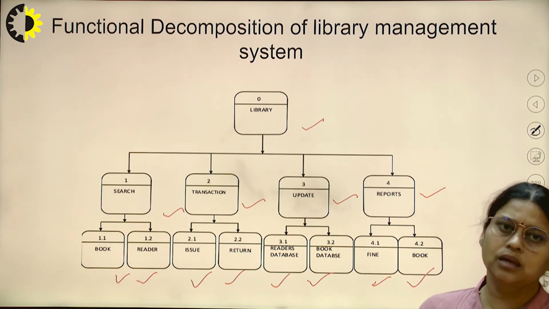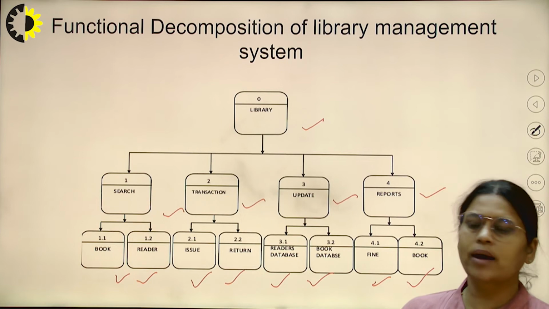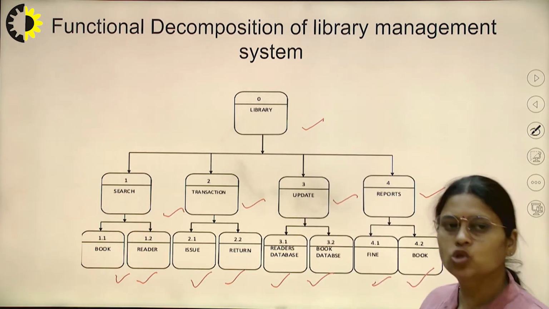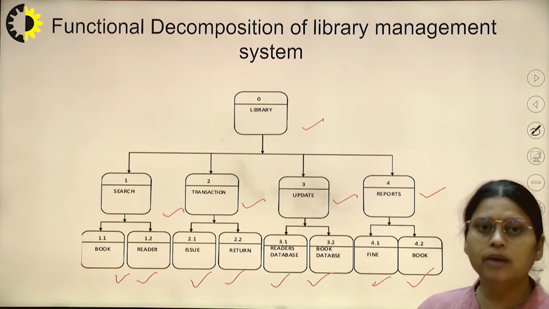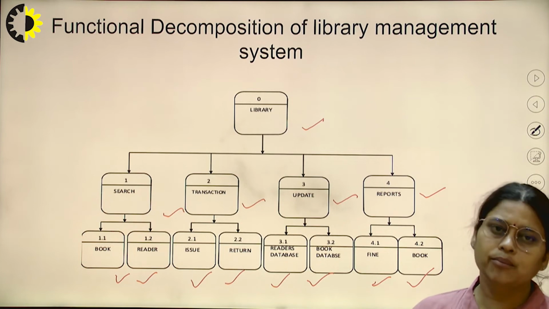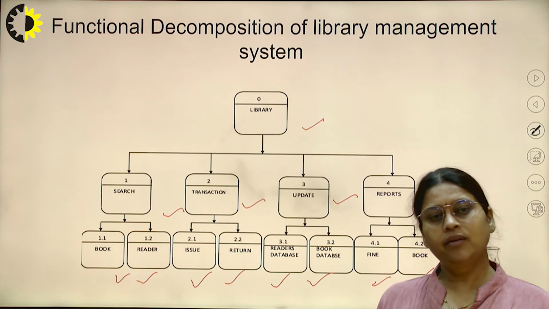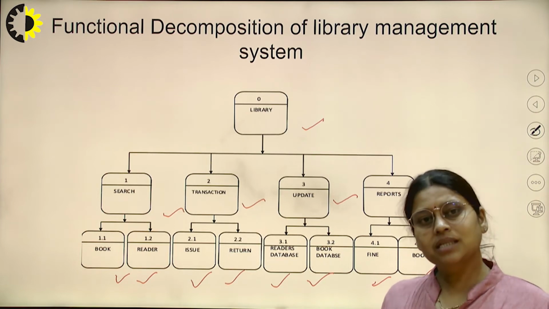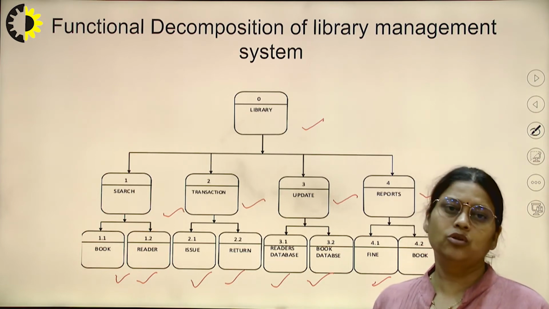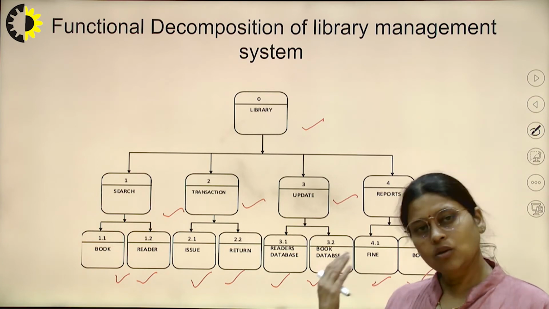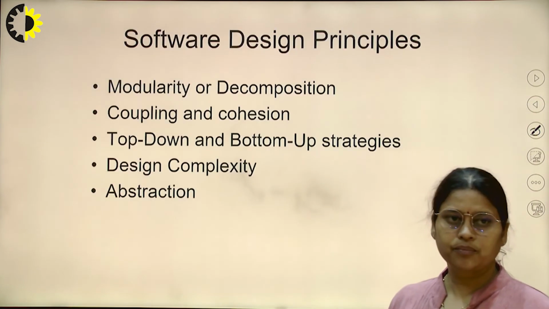As per the SRS requirement, we have to decompose the software into n number of modules or components, and it is a good design feature to divide the software into as many components as possible so that coding can be easy.